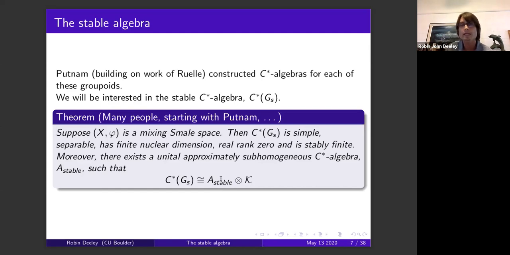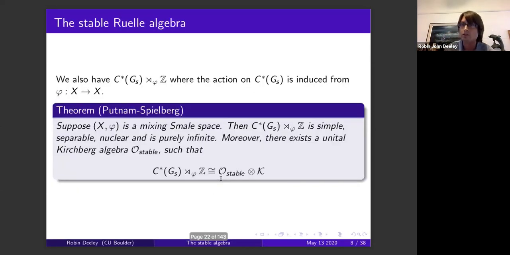Okay. In addition to the stable algebra, we can also have an action of the integers on this, right? This homeomorphism was used to define the relation, but it also induces an action on our C-star algebra. So I'm definitely abusing notation here by calling it phi, right? We should call it, I don't know, phi hat or something like that, but there's an induced action. And what's happening there is now we get, again, a super nice C-star algebra.